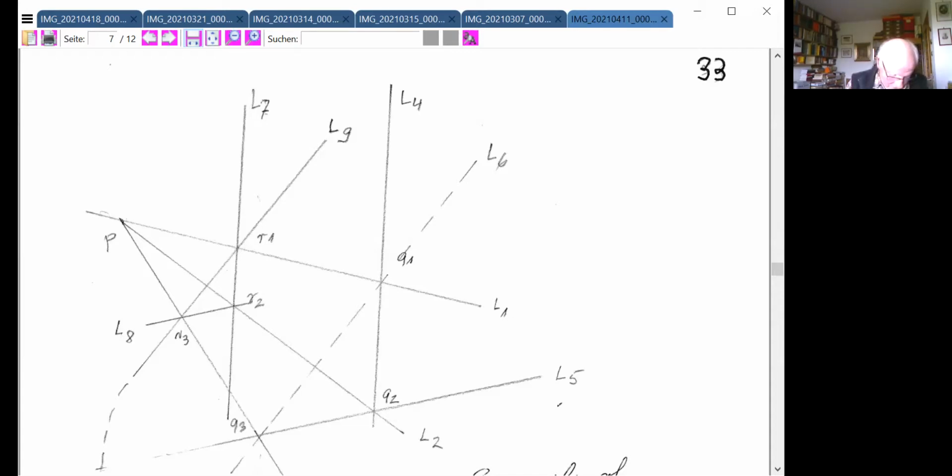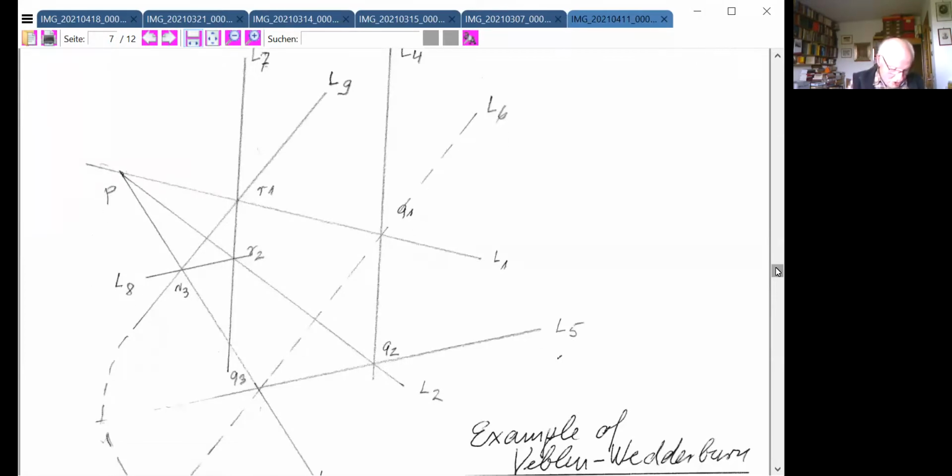Wedderburn worked with a projective plane. Clay translated this into an affine concept. It's much more suggestive.